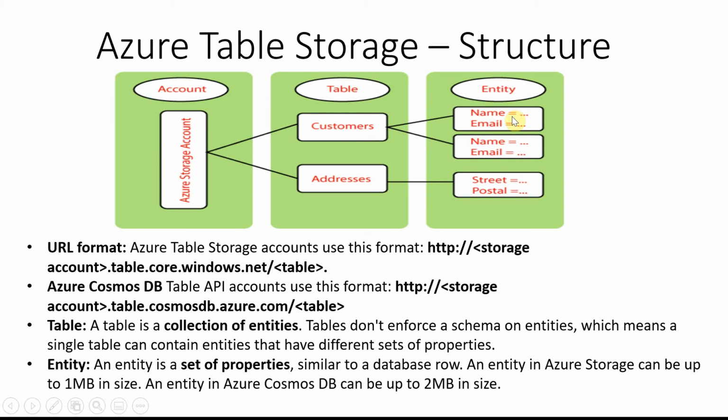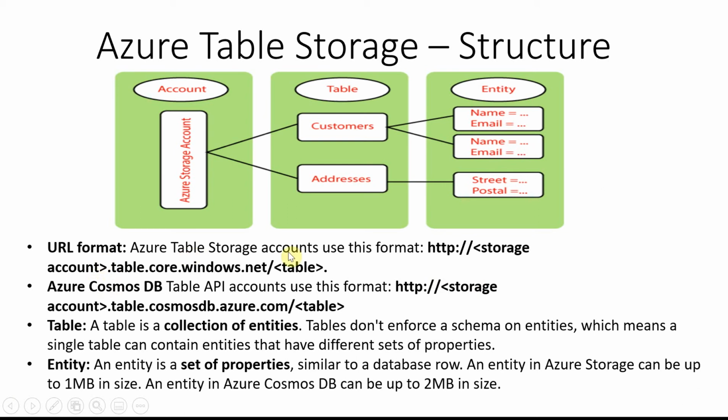You can have any number of records under this table, so like rows, you can imagine these as rows in an RDBMS. Similarly, address, for example. So it's a table and entity. That's how this is structured in table storage.